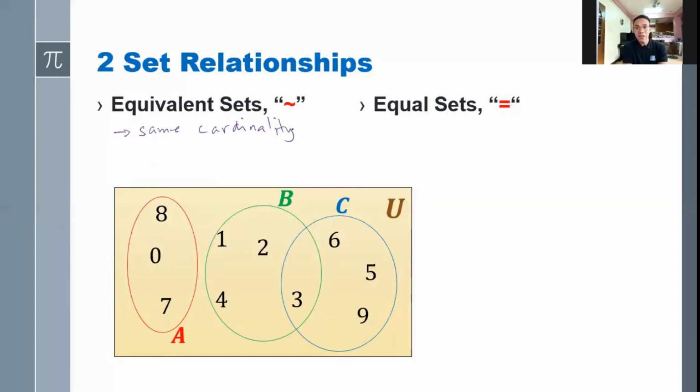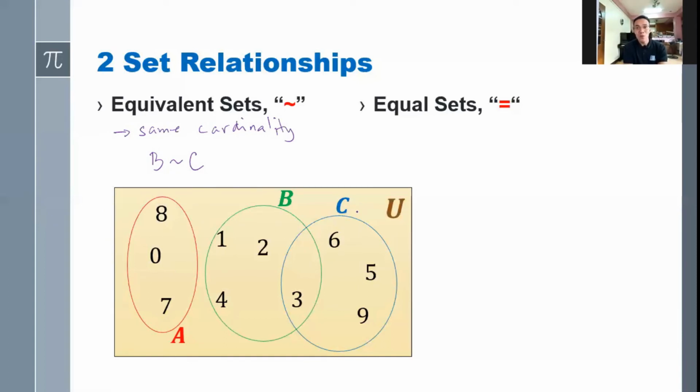In other words, two sets are considered as equivalent if they have the same number of elements. B has 4 elements. C has also 4 elements. Therefore, B and C have the same cardinality. Therefore, B is equivalent to C.